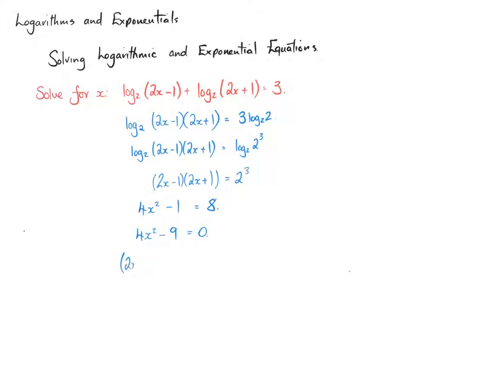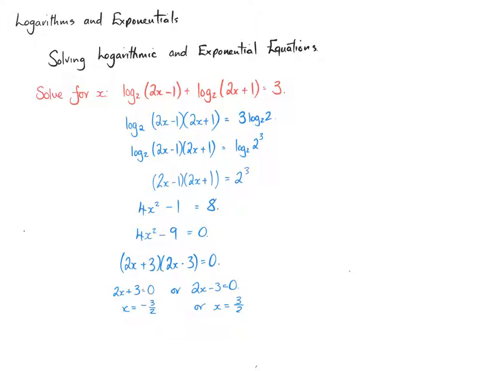So we're going to have 2x plus 3, 2x minus 3 equals 0. Okay, so we're going to have either 2x plus 3 equals 0 or 2x minus 3 equals 0. So that gives us x is negative 3 over 2 or x is 3 over 2.